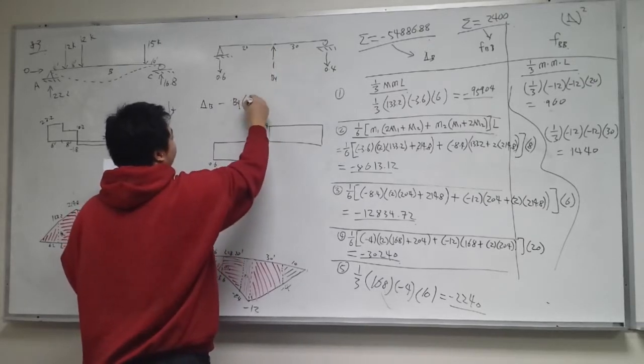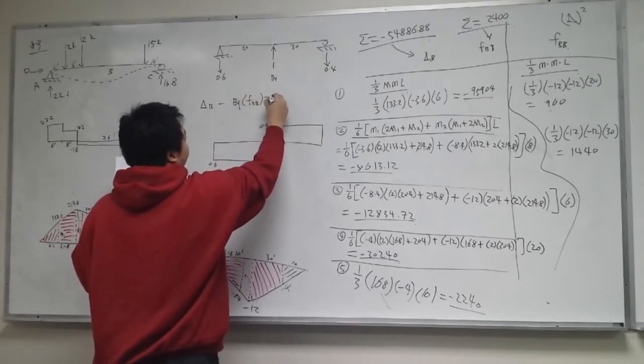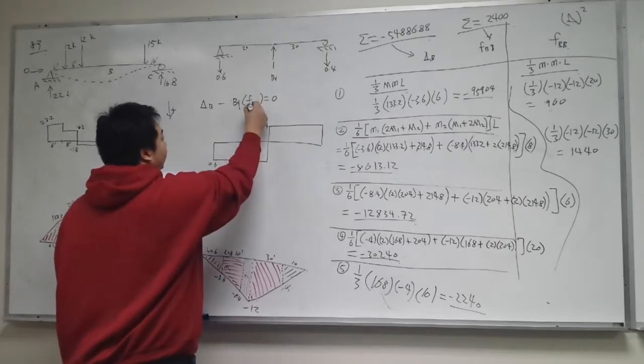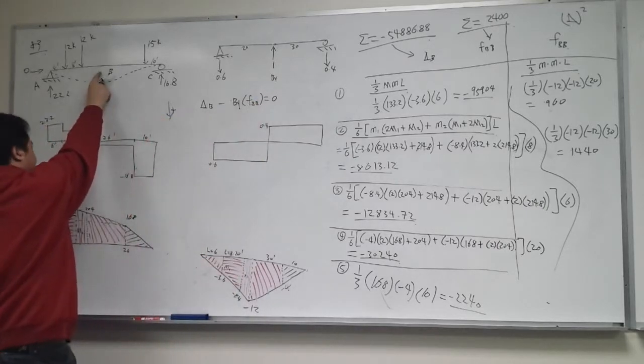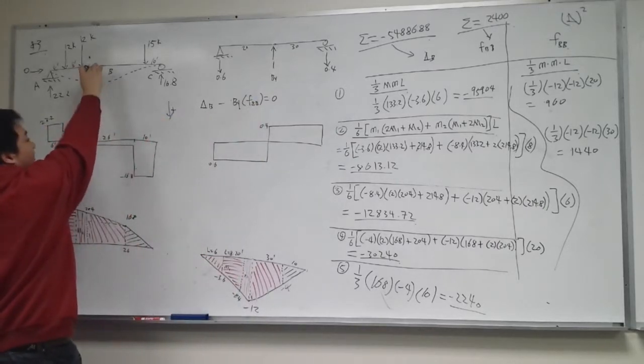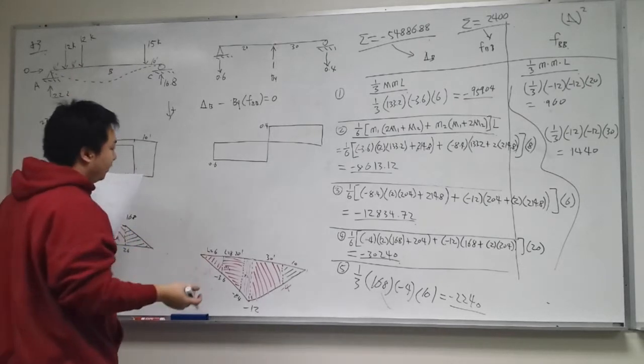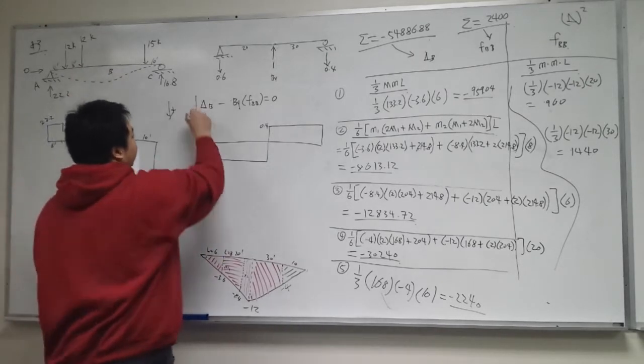So By times FBB is equal to 0, because before you had a roller here, it's not going to move, it's not going to deflect. So this is your equation.